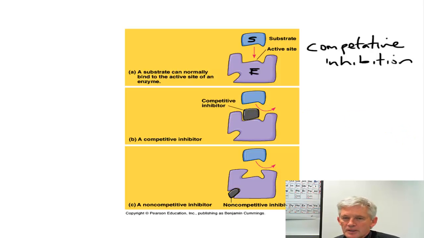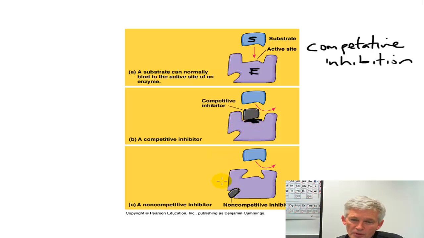And that's not good, because if you have something else fitting this active site, now the actual substrate can't fit into the enzyme. So the enzyme cannot function, the reaction stops. And if the reaction stops, then whatever product was supposed to happen is not going to be produced, and chances are that product is now going to be the reactant in the next reaction. So that is competitive inhibition.